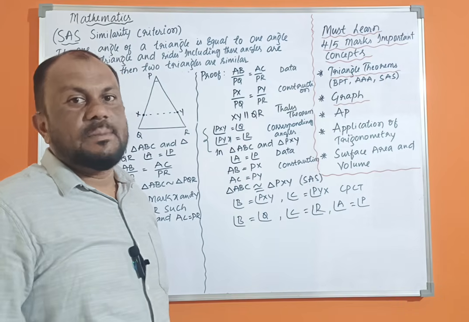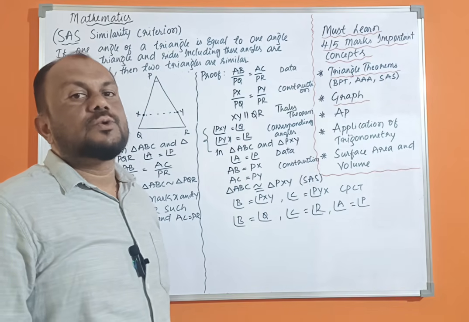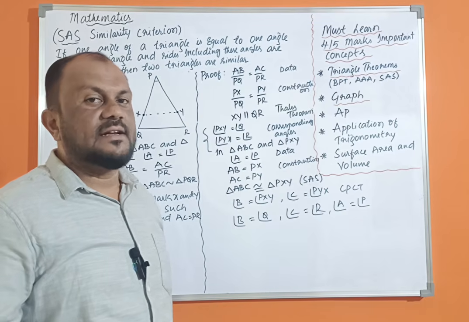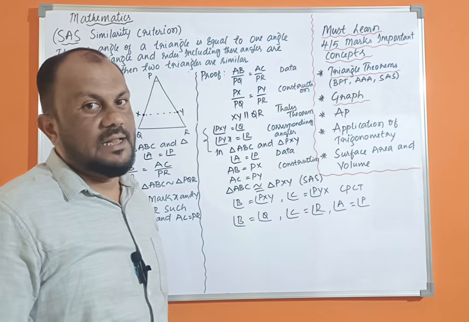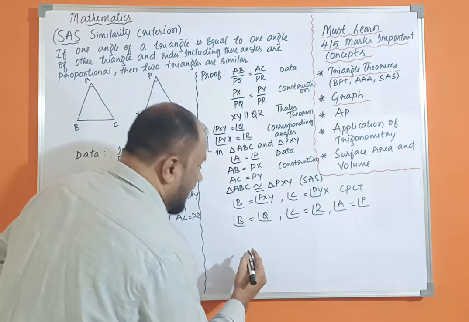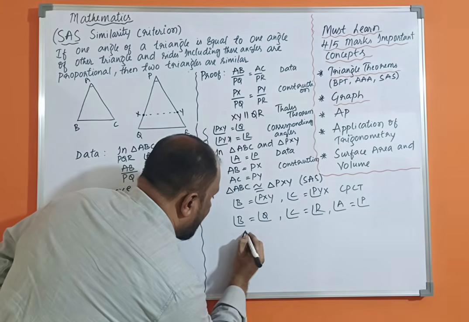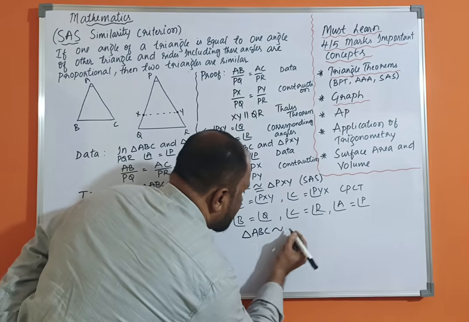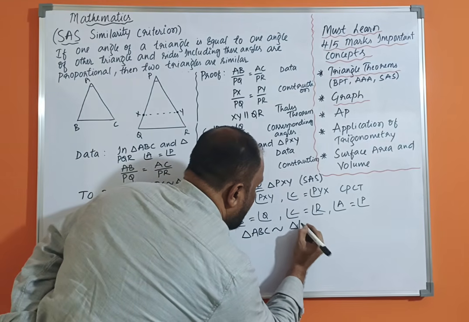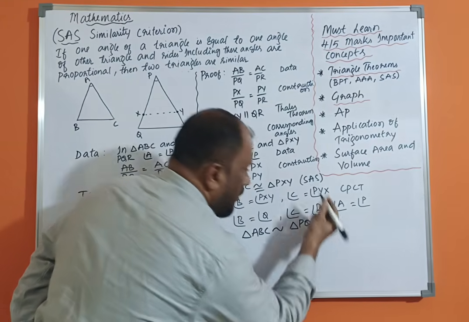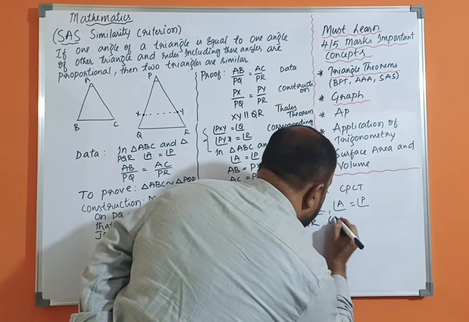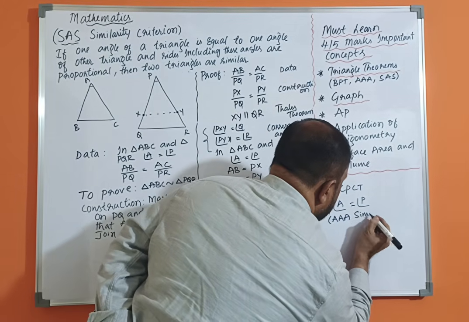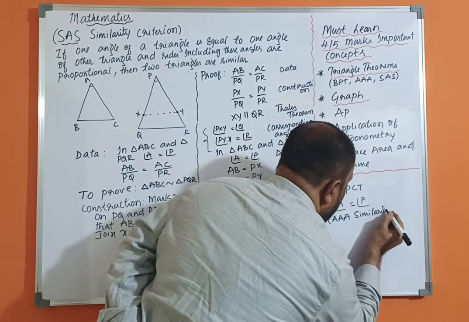According to the AAA similarity criteria, in two triangles, if all the three angles are equal, then the triangles are what? Similar. So we use AA similarity criteria and say triangle ABC is similar to triangle PQR because all the three angles are equal.